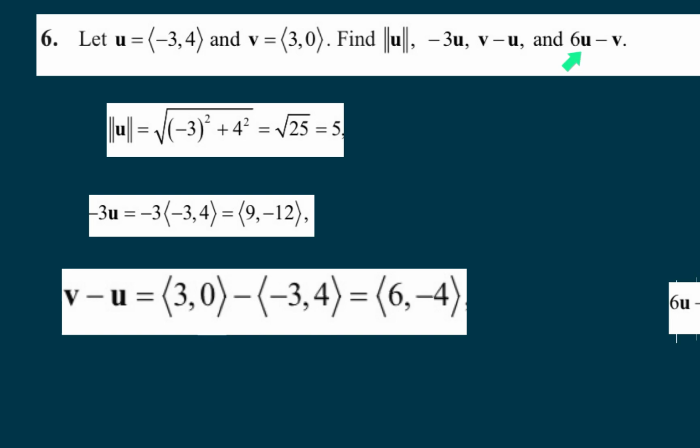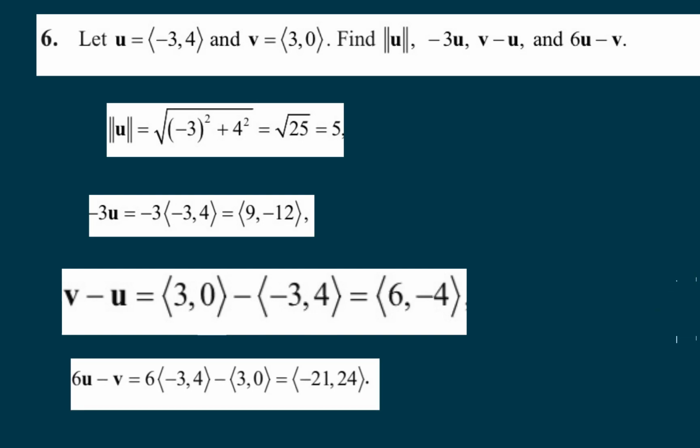And the fourth question says, who is 6u minus v. So you can do it again. You find first 6u and you subtract the vector v. 6 times u is 6 times the vector minus 3, 4. 6 times minus 3 is minus 18, 24, minus 3, 0.